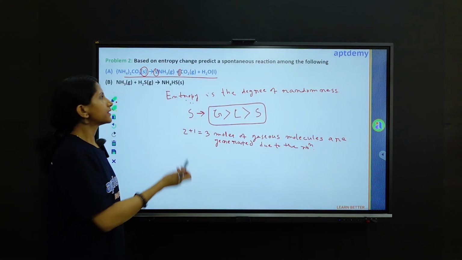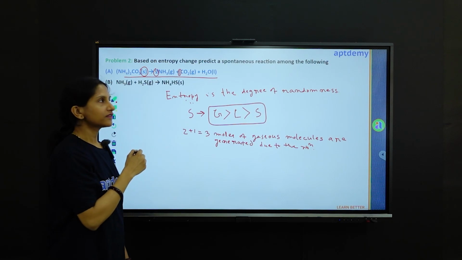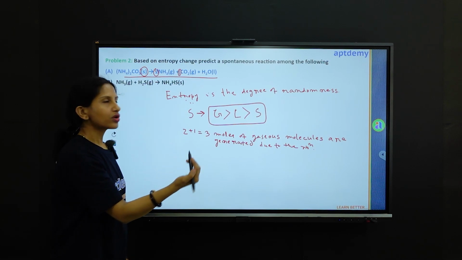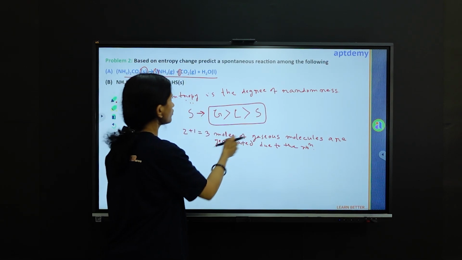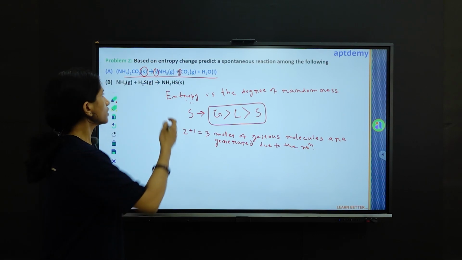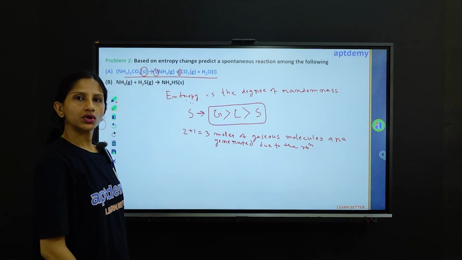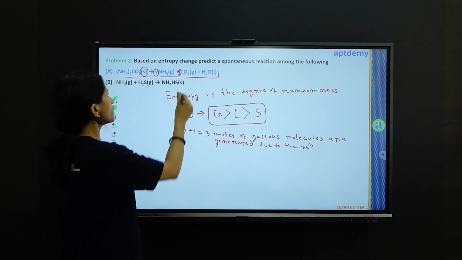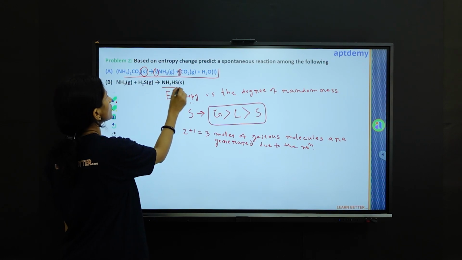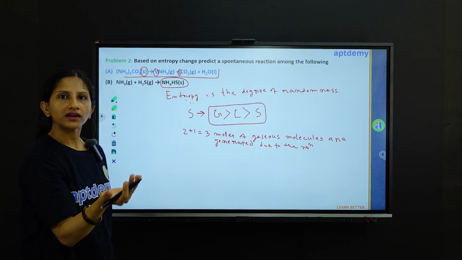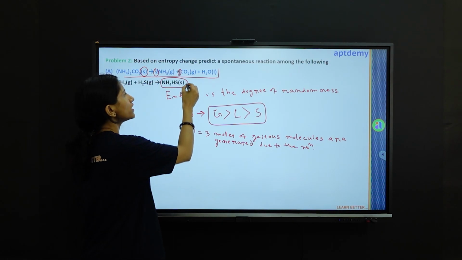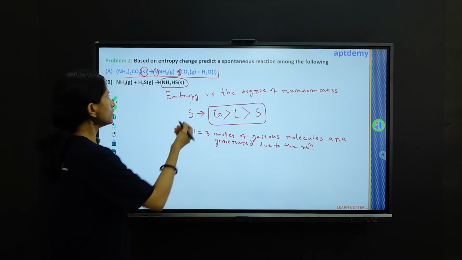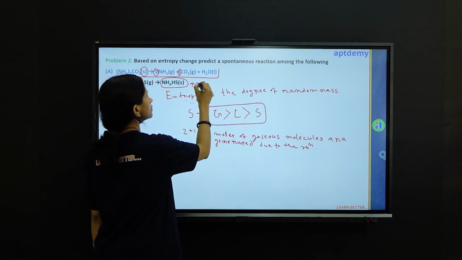So we can say that this is a spontaneous process, and disorderedness here would be much greater because we are generating 3 moles of gaseous molecules from 1 mole of solid substance. So disorderedness or randomness would be much more here than there, where the product is solid. We are generating a solid product, so randomness is very low.